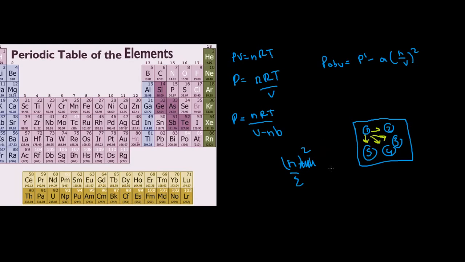And now my correction factor is this right now. Then I go back, and it's starting to look more like this, and that's where the n comes from. That's all that's really important. And the volume is included because the concentration is just as important as the number of molecules for the interactions.